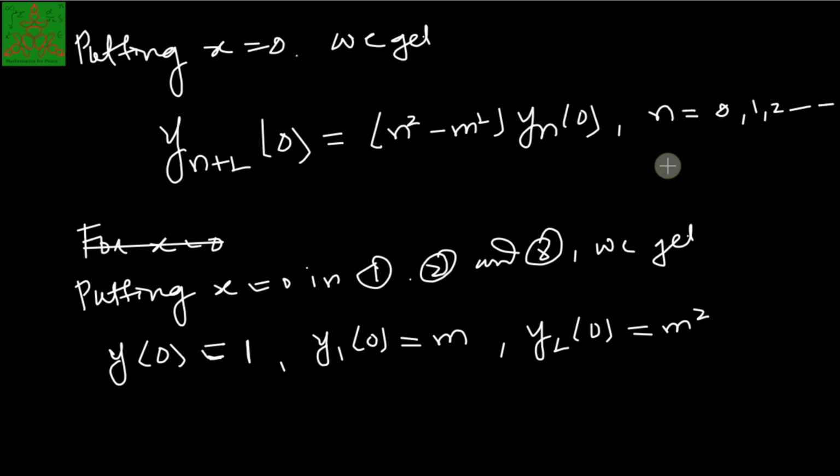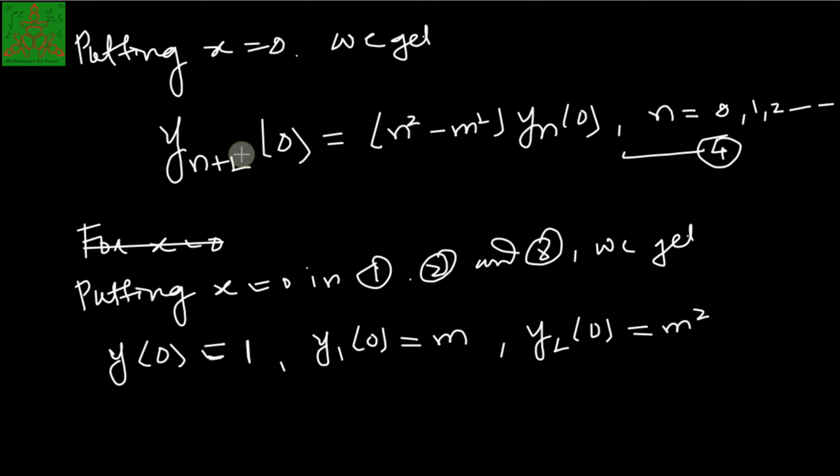Now this expression is true for 0, 1, 2, 3. So if I put 0 here, it will give me y2. y2 I have already calculated. Now we'll have to calculate what is y3. I call this equation number 4, and if I put n equal to 1 in 4, we'll have y3 at 0.